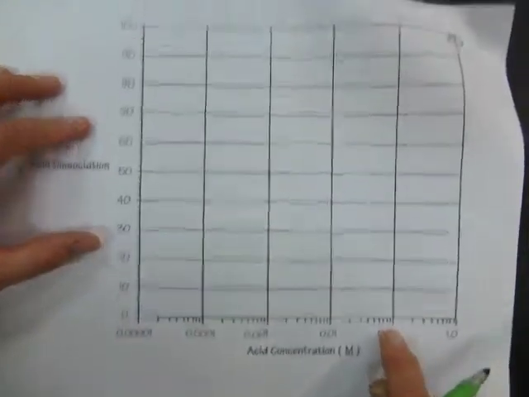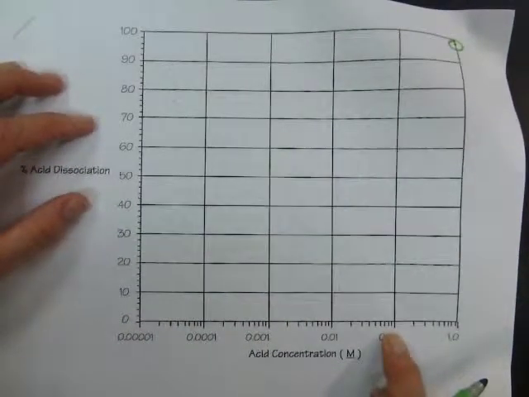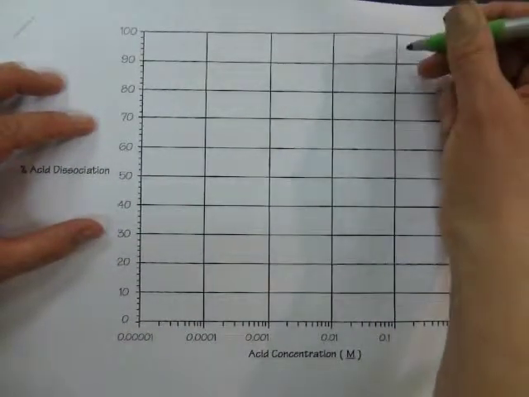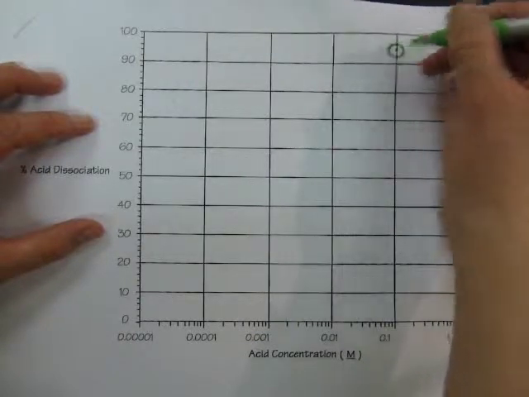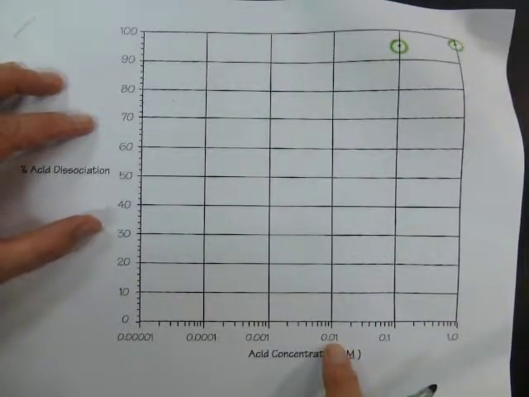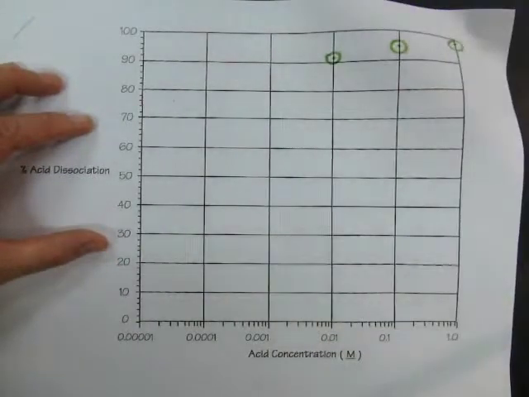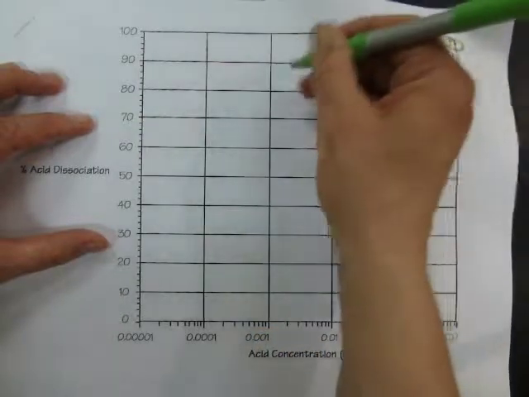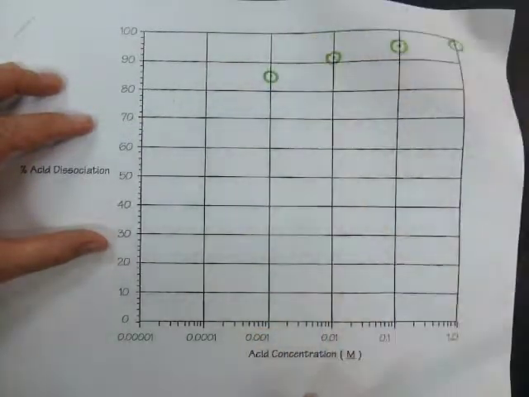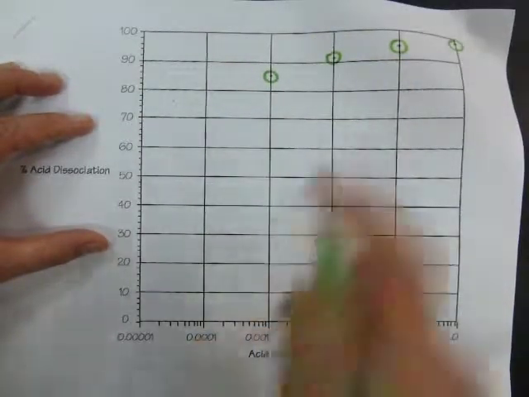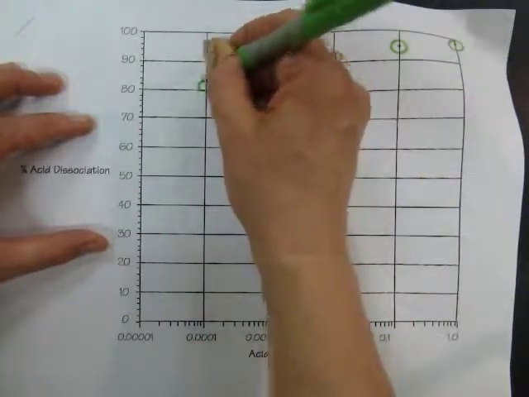For the 0.1 solution, it was 95% dissociated. So I'll put a point right there. For the 0.01, it was 91% dissociated. And for the 0.001, it was 85% dissociated. And for the last solution, it was 81% dissociated, right there.